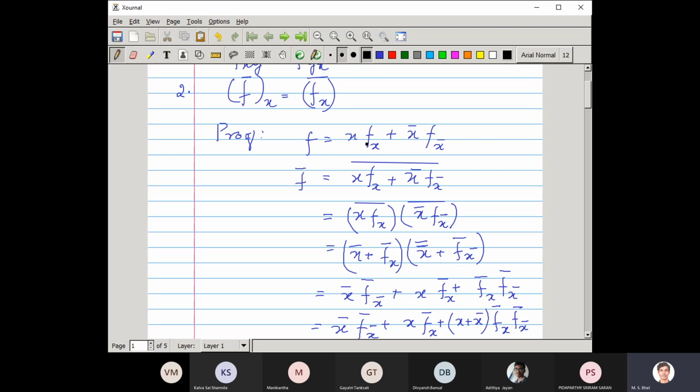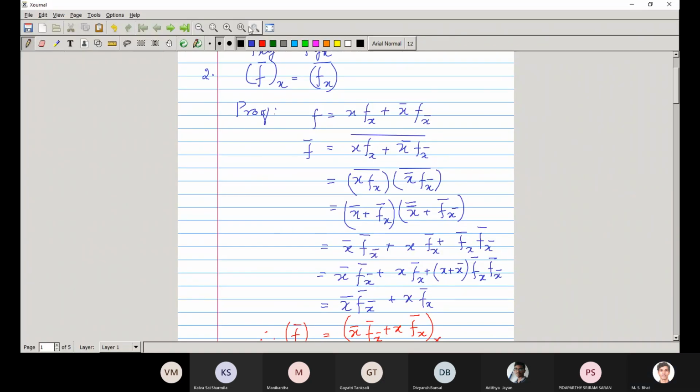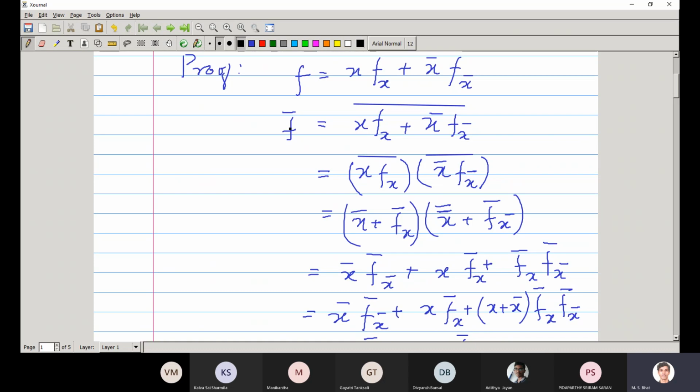So the function f can be represented as x fx plus x bar fx bar, and therefore the complement of the function f is given by this, which by De Morgan's theorem you can write in this fashion. And x bar fx, x fx bar into x bar fx bar bar.